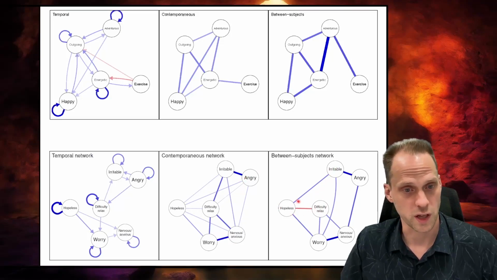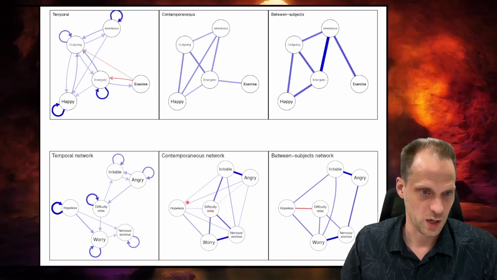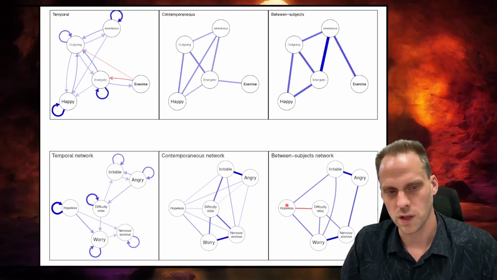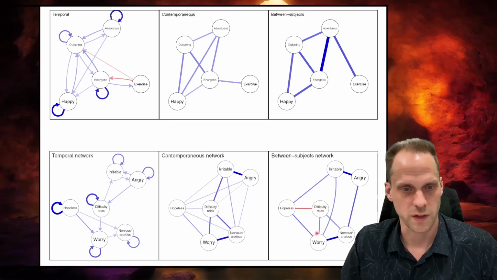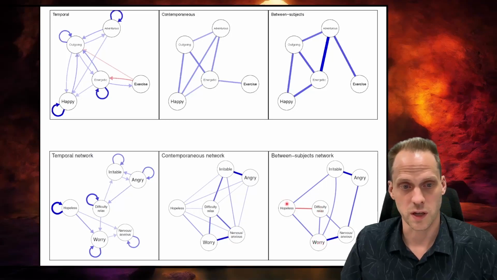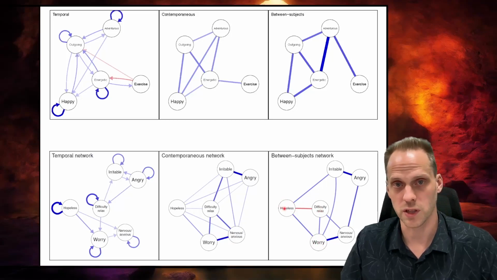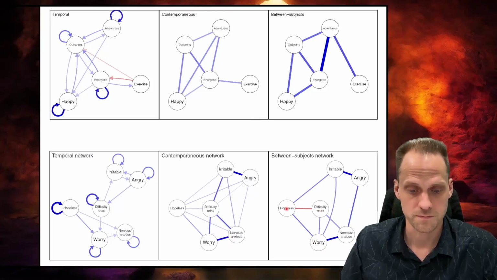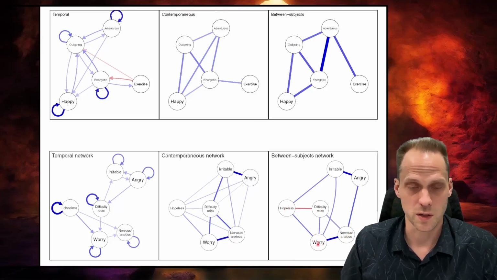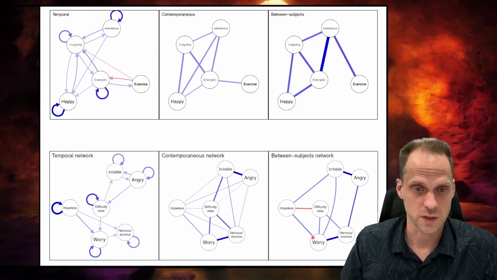Here's also something interesting happening because there's a negative effect here at the between subject level, but a mildly positive effect at the contemporaneous level. Could be that this is a causal collider effect, or a common effect here, where difficult to relax causes worrying and hopeless causes worrying. So being a person that feels hopeless on average might lead to being a person that worries a lot on average.